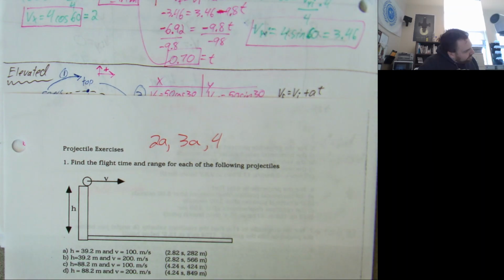Save that for grade 12. That's it. Those 3. Yeah, we'll leave that alone. Just those 3: 2A, 3A, and 4. There you go.